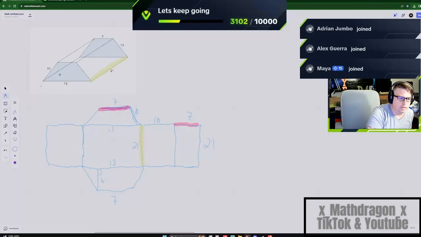And that's going to be 6. So we have a base 2 of a trapezoid. We have a base 1 of a trapezoid. Same thing up here. Our height is 6, but our base 1 is 7. Our base 2 is 13. Then we have a 10 by 21, and this is a 10 by 21. So looking at this again, we have the inside.